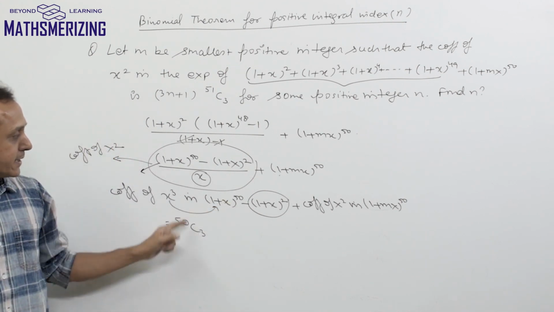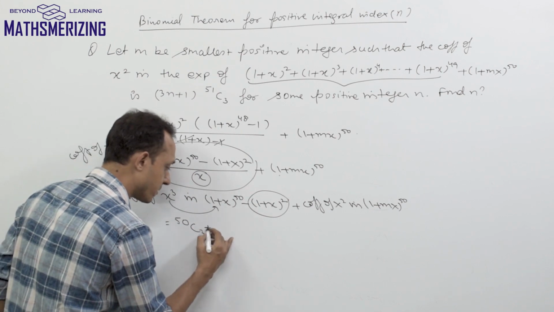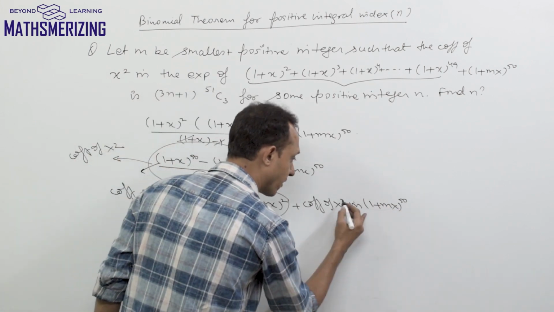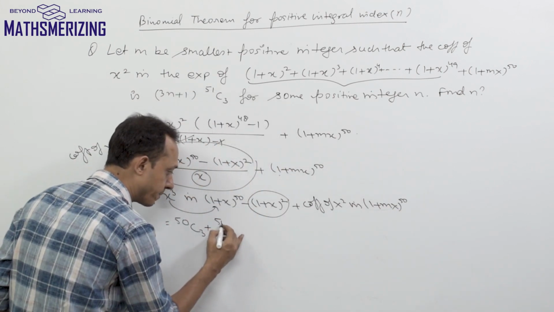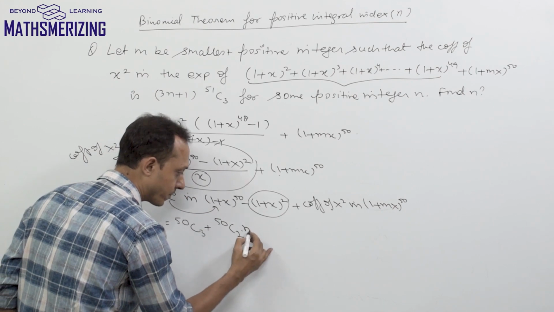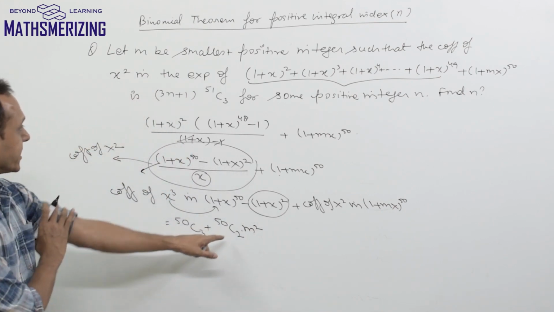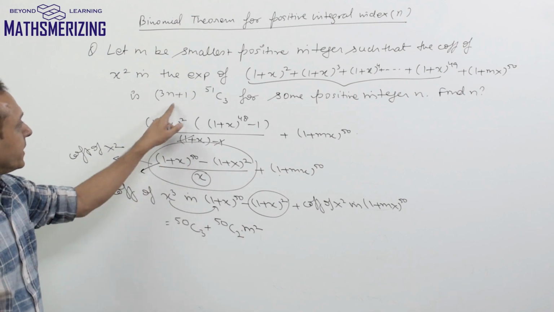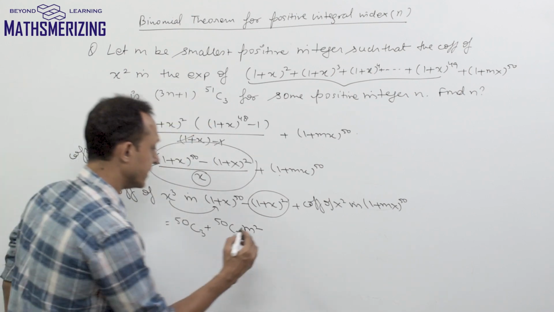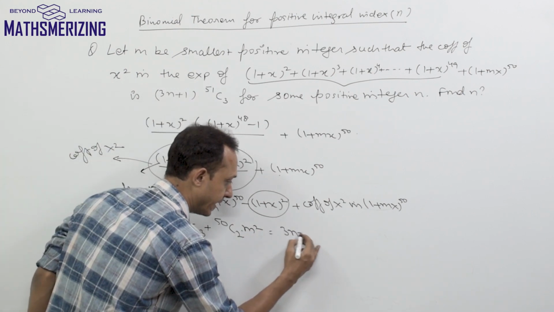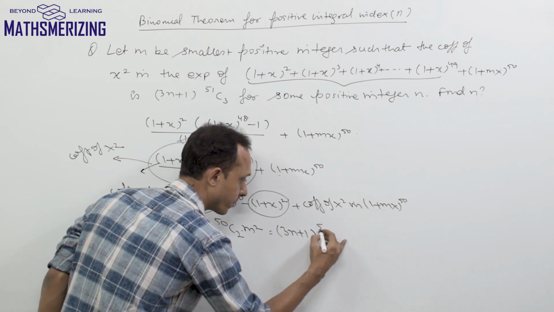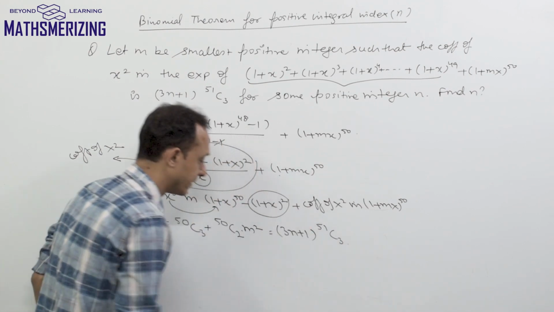So the coefficient of x^3 from this expression will simply be 50C3. Now what about this one? If I get the coefficient of x^2, I'll get this coefficient as 50C2 into m^2. Now it says this expression is equal to (3n plus 1) times 51C3.